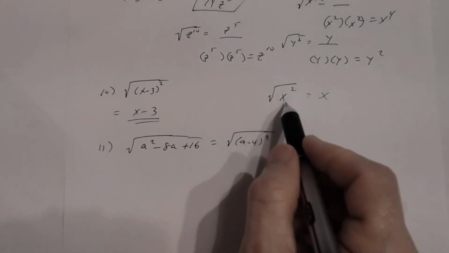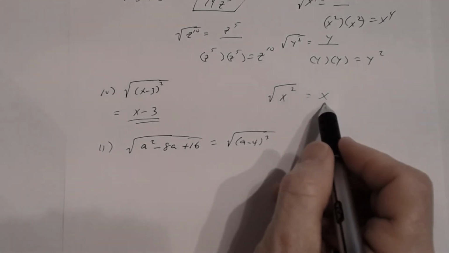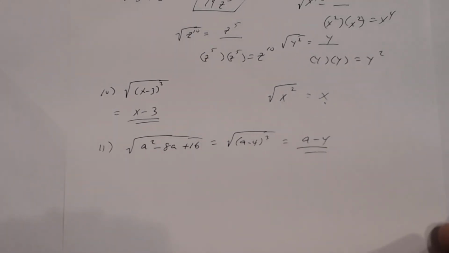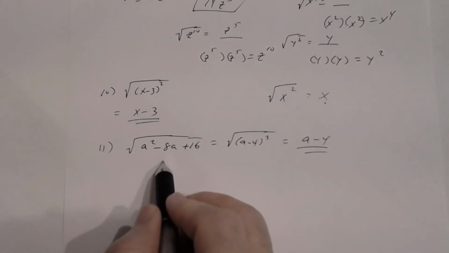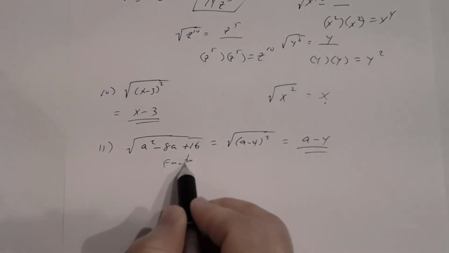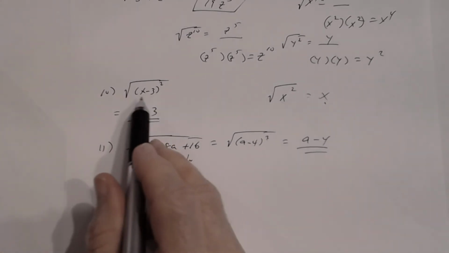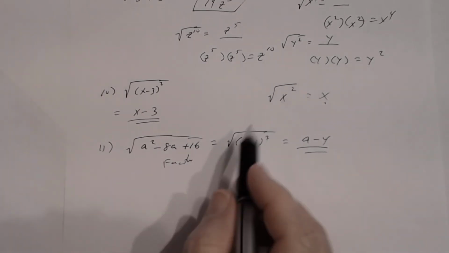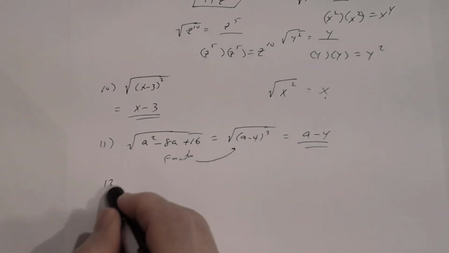So when I have the square root of some base squared, it's just the base, right? So what's my base here? a - 4. There's your answer. Okay? So the first thing you have to do is factor. Keep that in mind. So when you have a polynomial, see how this is already factored? When you have a polynomial, see if you can factor this. All right? Okay, number 12.